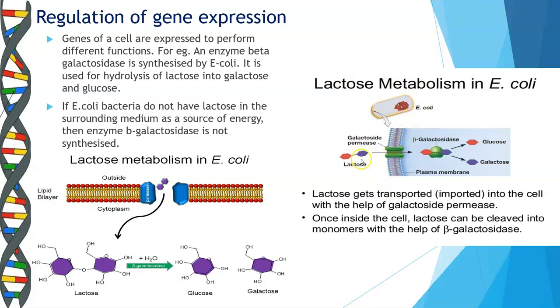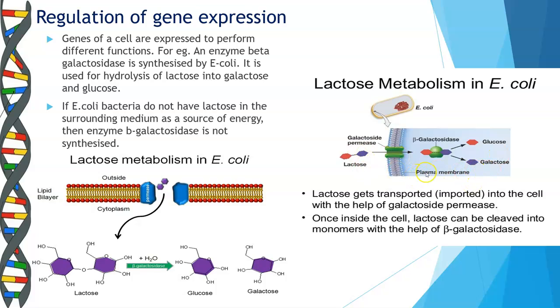You have lactose present in the surrounding medium. Now this lactose is its source of energy. It has to enter the cell so that the bacteria can utilize it. So you have the enzyme galactoside permease, which allows the entry of lactose inside the cell. Once it is inside, beta-galactosidase hydrolyzes it into its monomer units, glucose and galactose.